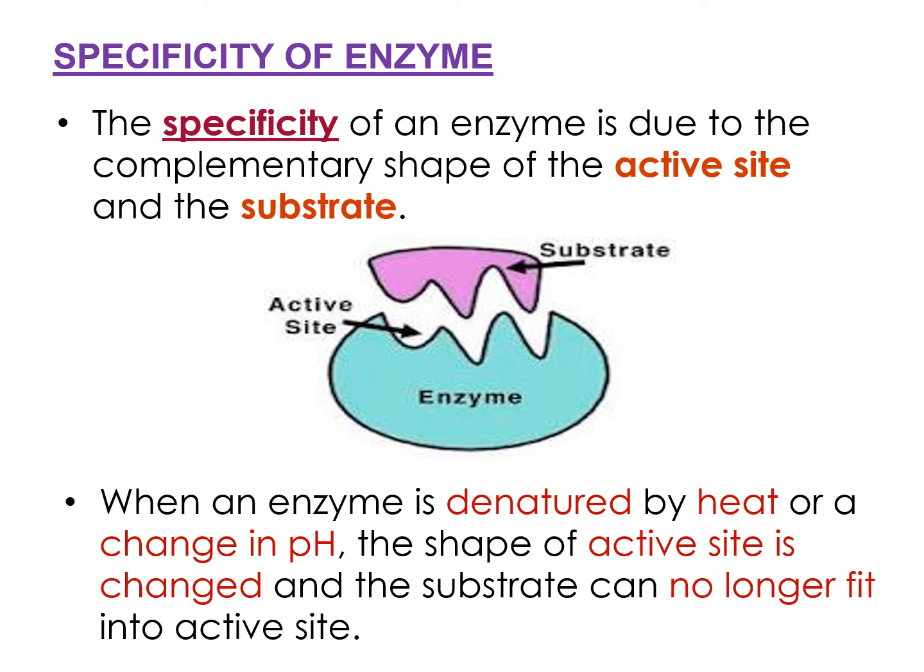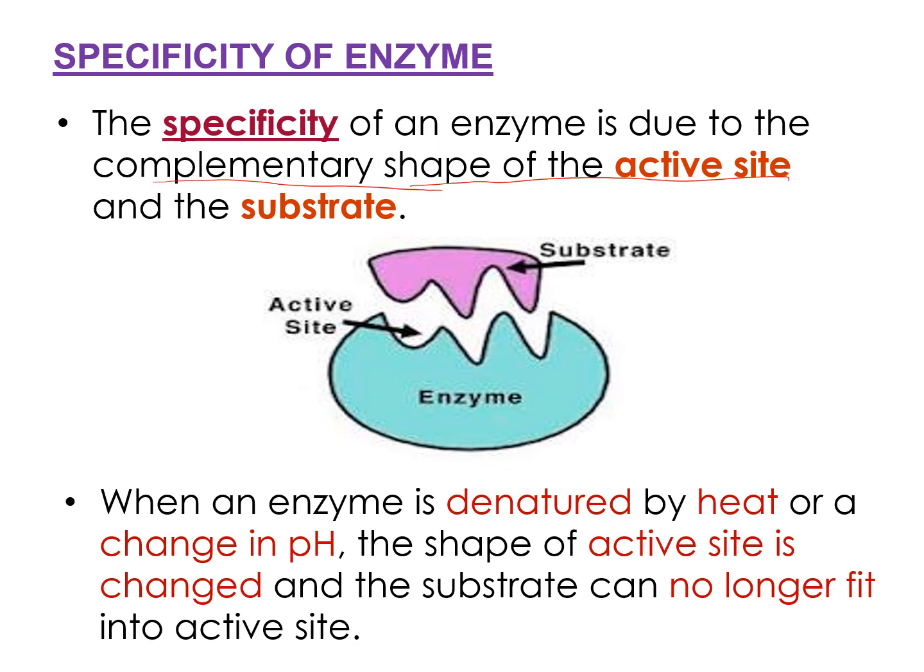Let's look at the specificity of the enzyme. Why does it become specific? Only certain substrate can bind to the active site because the shape of the active site is complementary or only suitable to a certain substrate.